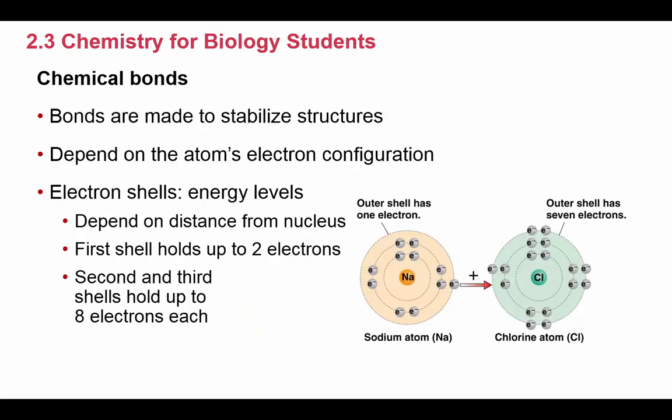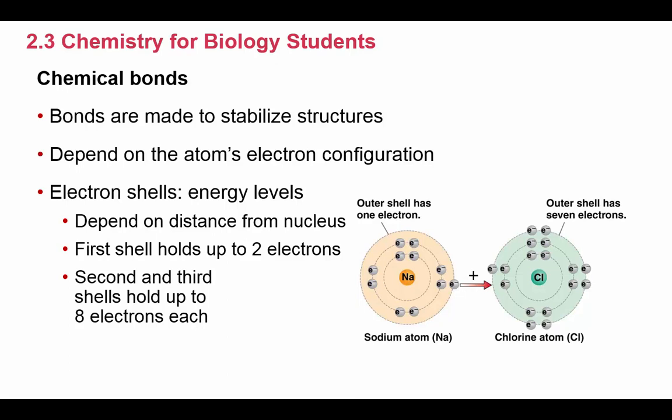Now, we've said that atoms will form bonds with each other to make them more stable, and the way they bond all has to do with how those electrons are configured. We learned earlier that the electrons sit in the electron shells around the nucleus, and those shells are just basically energy levels, and they are different distances from the nucleus.